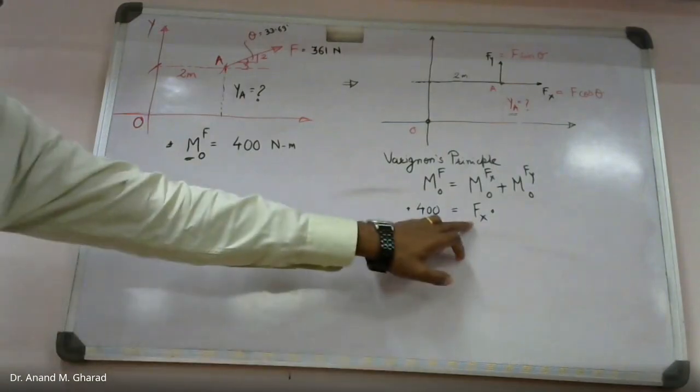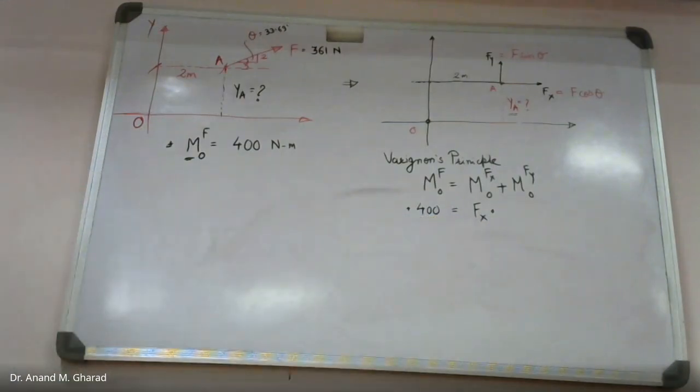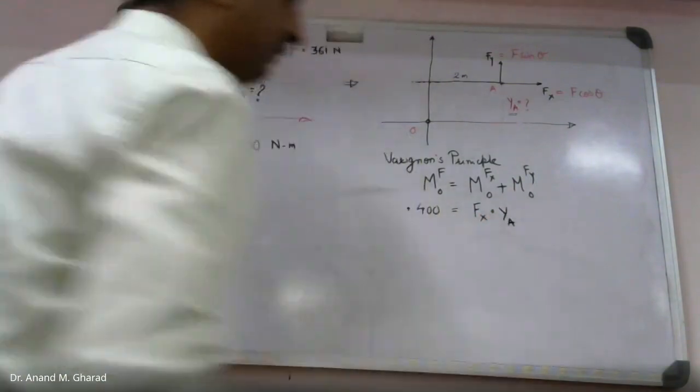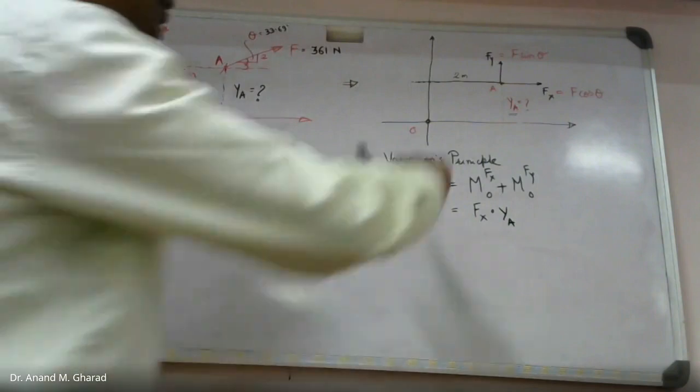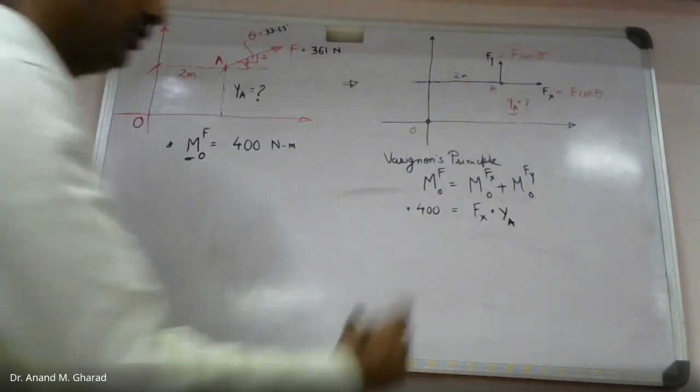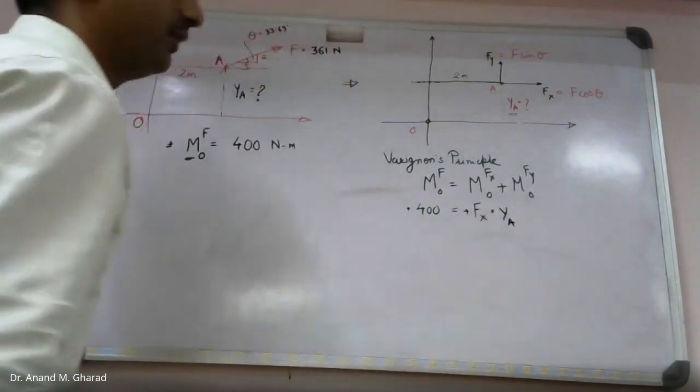What should be the perpendicular distance? Ya, correct? And in which direction will this force rotate about point O? Clockwise. So this will be positive.